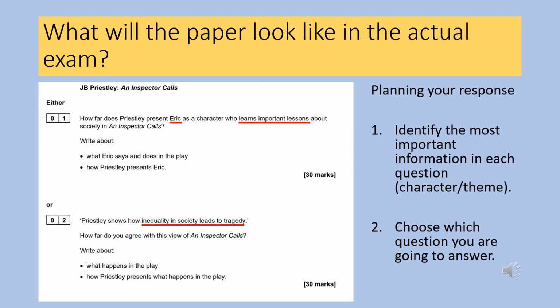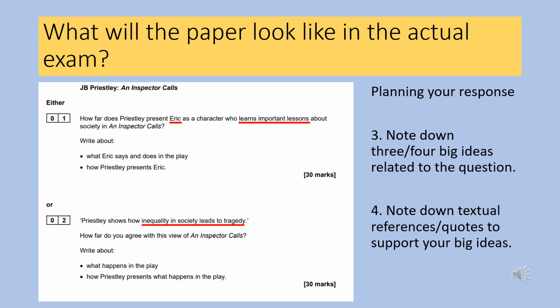Once you've highlighted the key information in each question, it's important you choose which question you are going to answer. There is no reason why you should choose one over the other, apart from that you feel more confident answering one of the questions rather than another.